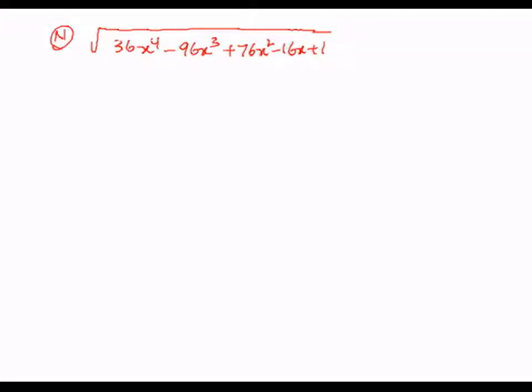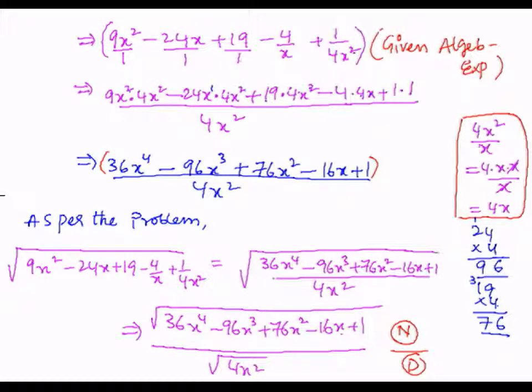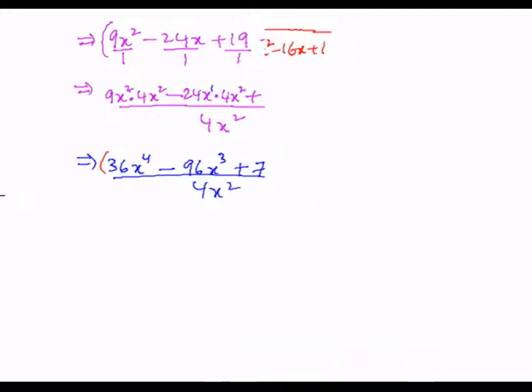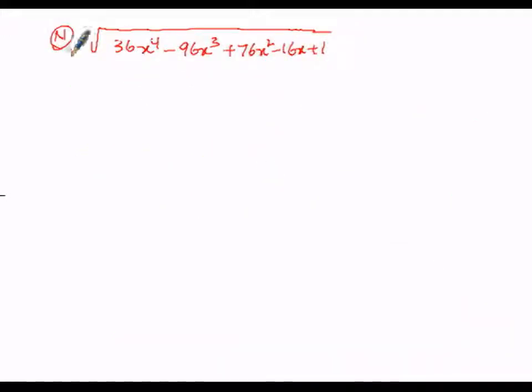In a similar manner, we have to find the denominator root also, that is root of 4x square. But first of all, we are going to find the square root of the numerator by the division method. So we are going to find out the square root of this particular numerator by means of the division method.